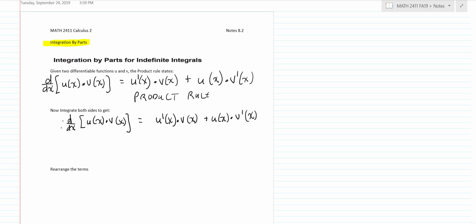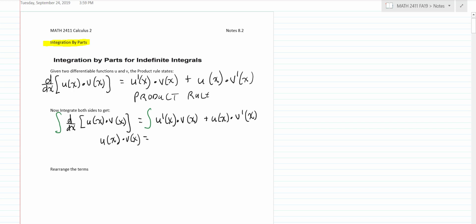We're going to integrate both sides and rearrange a little bit as we do that. If you do an integral of a derivative, you're undoing that operation, so that would be u of x times v of x.